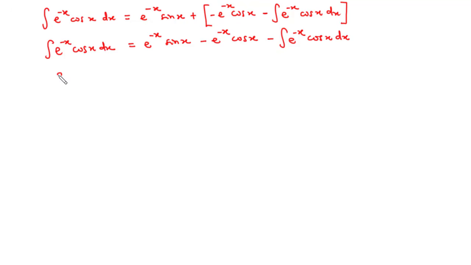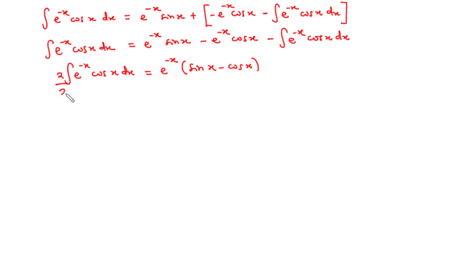So that becomes 2 times the integral of e to the power negative x cos x dx equals e to the power negative x. So we can factor out e to the power negative x, and then we have in the bracket sine x minus cos x.